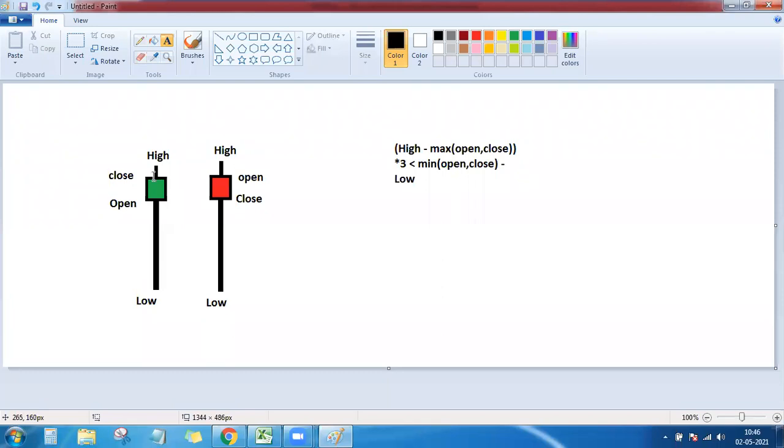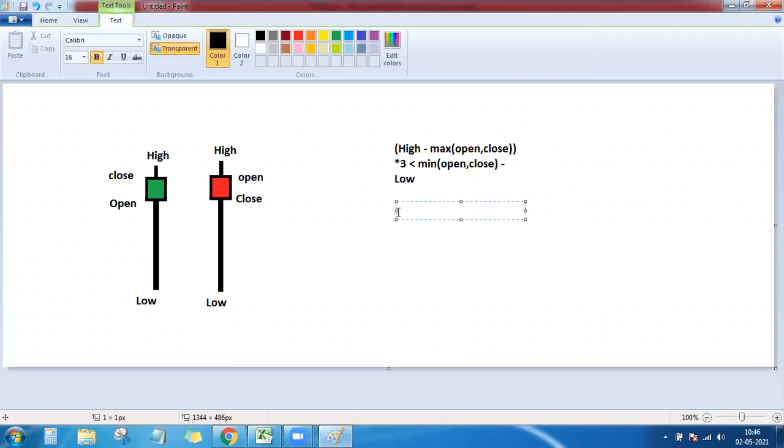Now we'll be considering the size of the body, real body of the candle and compare it with high minus low. Now again it comes down to whether it is a red candle or a green candle. So what we'll do, we'll take the absolute value of open minus close. So that if open is at the top, then it will be a positive figure.